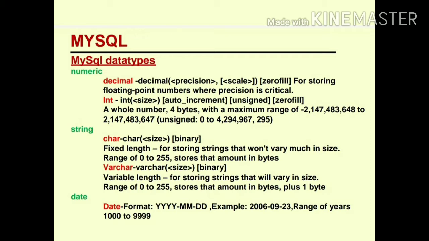Char deals with fixed length strings, while varchar deals with variable character length. Both are used if you want to store numbers, characters, any kind of symbol. Both can be used, but one is used when you want to give fixed memory size and the other for variable memory size. Now the third one is date and time. If you want to save a date in the format YYMMDD, we will use the date data type. I hope this much is clear to you all.